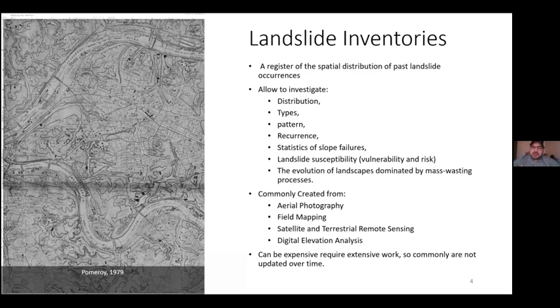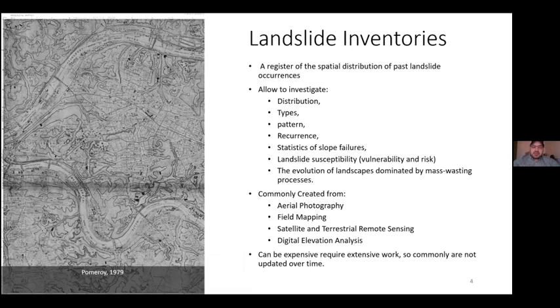However, currently, even though landslides are one of the most common natural hazards, there isn't a great extensive body of inventories so that we can monitor them. That's because creation of these inventories requires mapping of large land masses and can require extensive, expensive work.